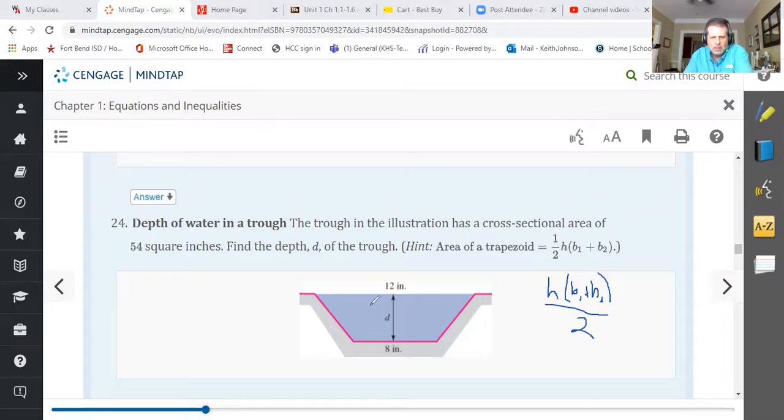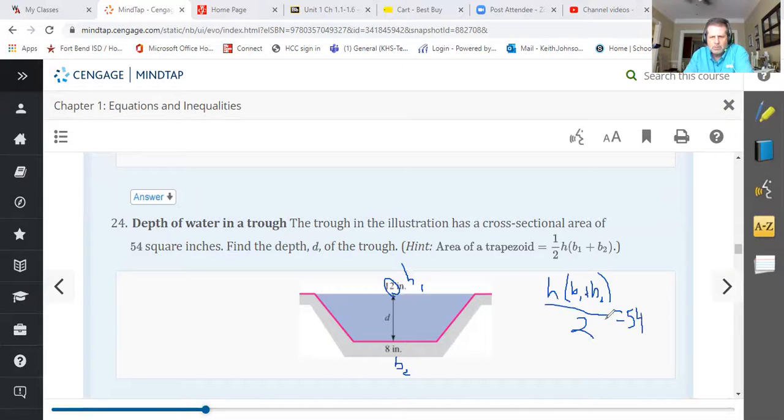These are going to be your b1, and this one is your b2. Okay, your d is your height, and you're trying to find that depth. So this one's going to be equal to 54.